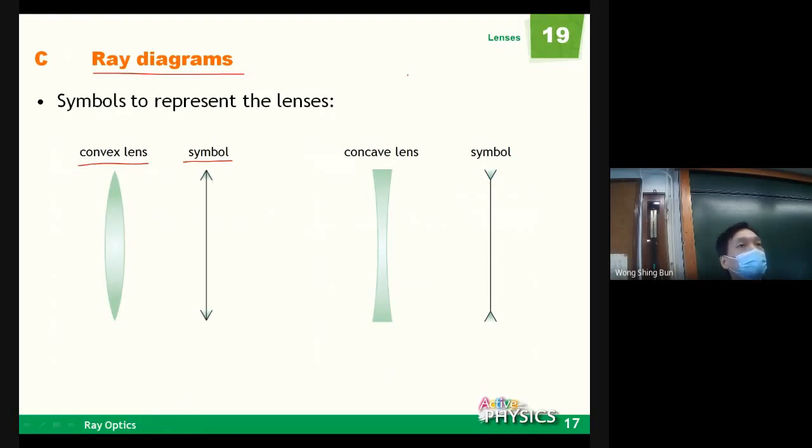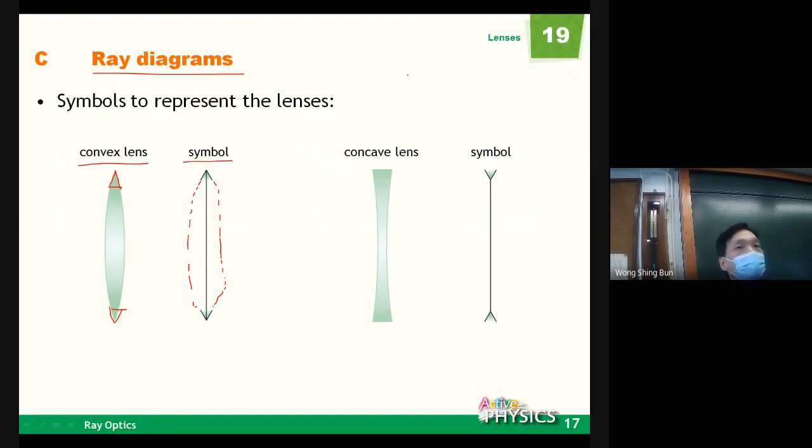But how to do it? Very easy. Because this part, the upper part and lower part, exactly is a triangle. We will think that this one is the tip of the arrow. Or you can draw a dashed line to reveal the shape. But when you draw the diagram to simplify it, we will draw a double arrow like that.